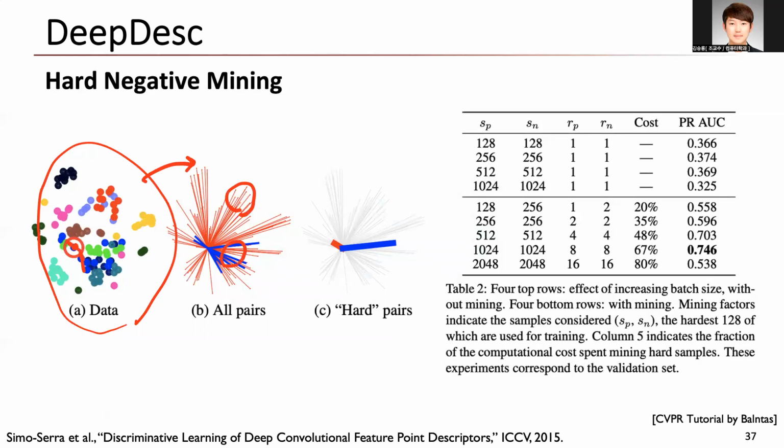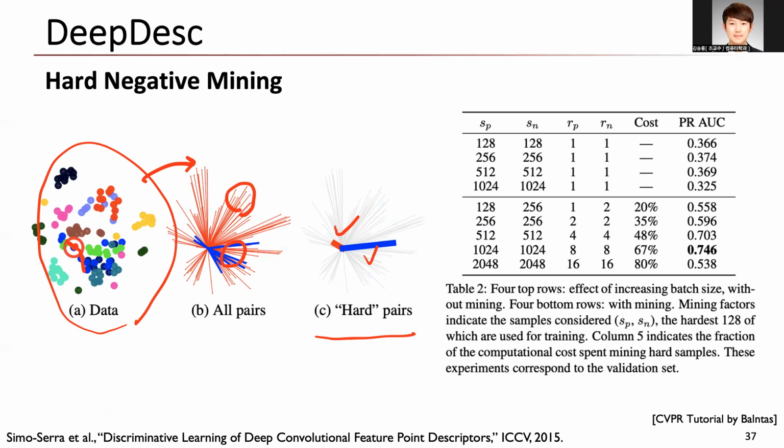But this is the brute force way. As we discussed in object detection with the focal loss, considering every possible signal is not a good solution, I mean, not an optimal solution. Hard pairs mean just considering the few samples which are hard to determine as positive or negative. So they propose this hard negative mining.